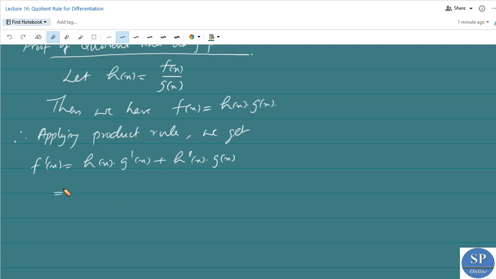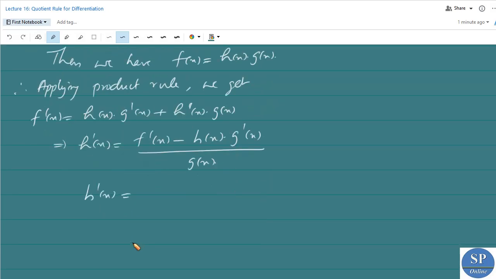So from this we can find h dash of x is equal to f dash of x minus h of x into g dash x divided by g of x. That is h dash x is equal to f dash of x minus g dash of x into, we have h of x is f of x divided by g of x, divided by this g of x.